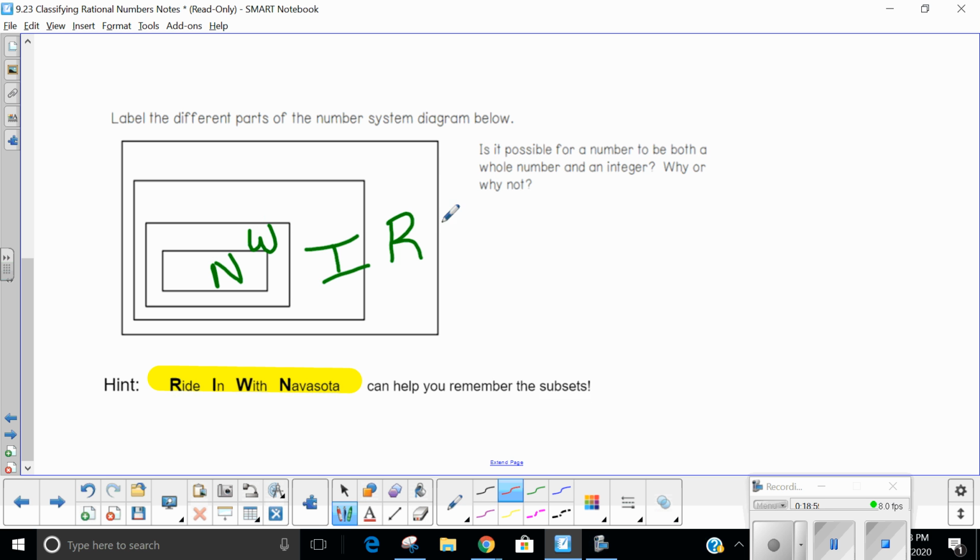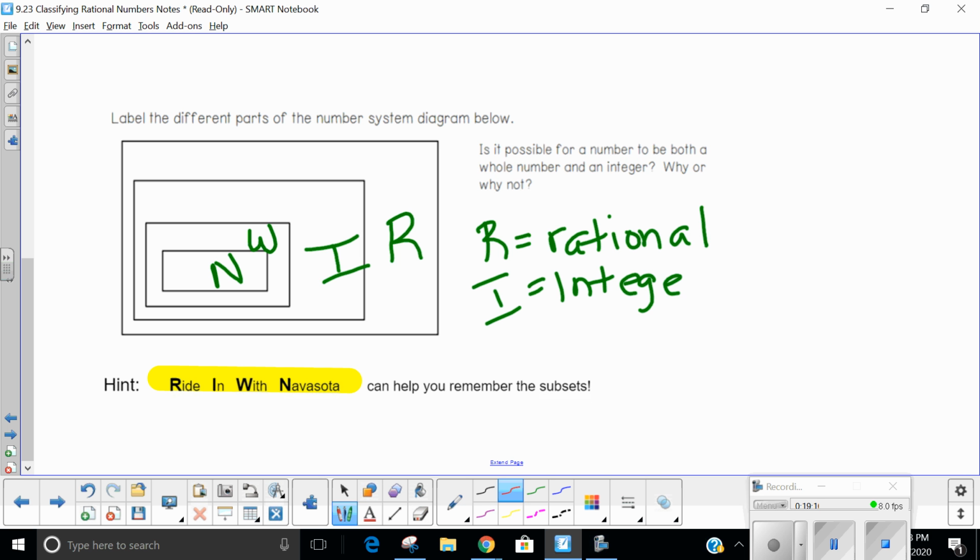And R stands for rational. So that's the rational numbers. And then I stands for, sorry about this, this is hard to do, integers. W stands for whole.